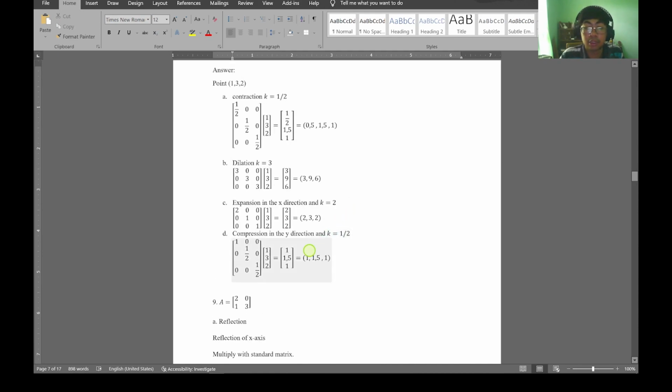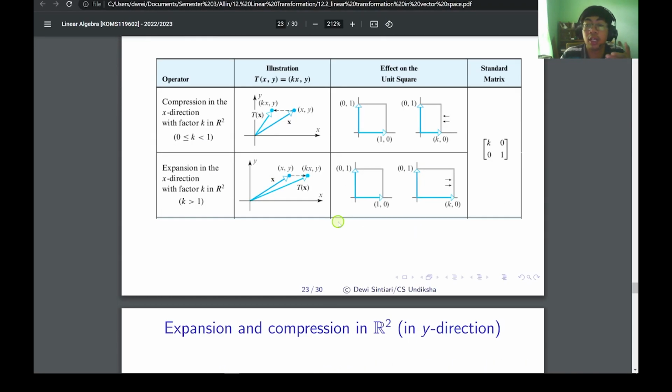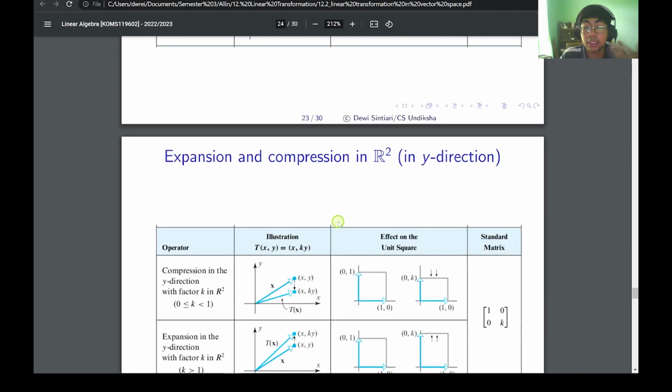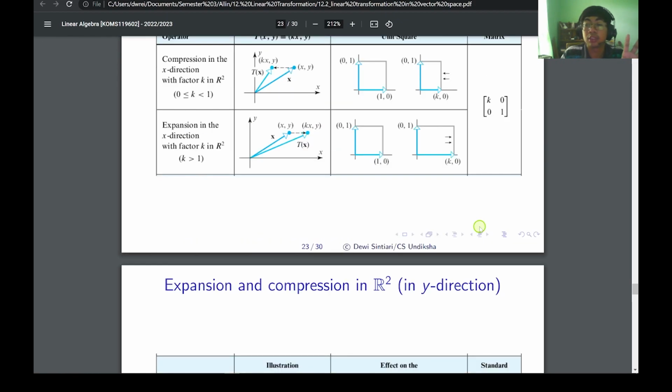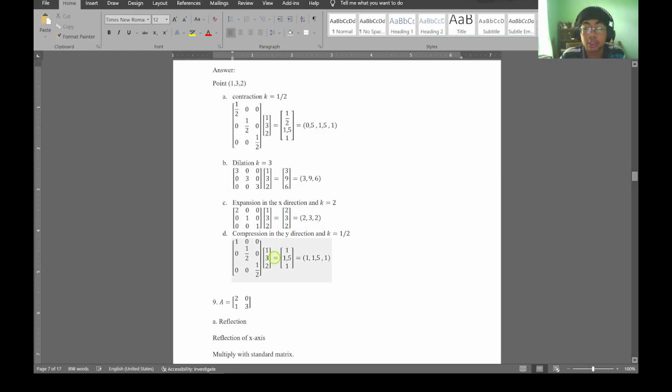And then compression in the y direction with k equal to a half. The difference between the x direction and the y direction is the position of k in the standard matrix. So the first diagonal entry is 1 and the next is k, like this.